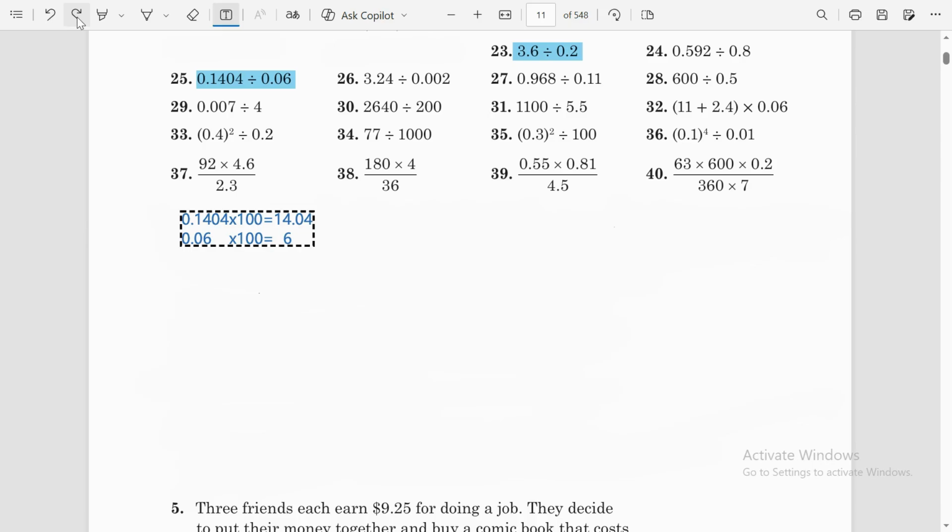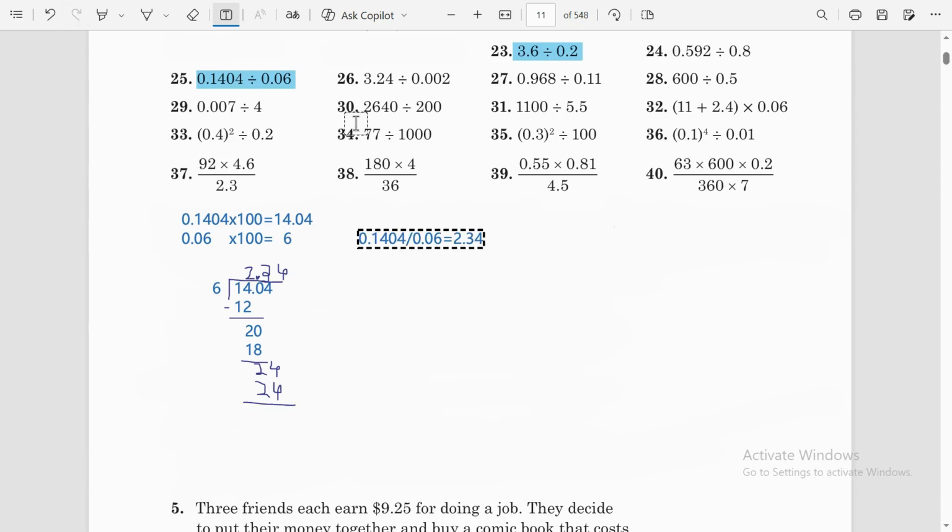And now we have to divide 14.04 by 6, and simple division, 6 twos are 12, and then comes the decimal, and we'll put the decimal in the quotient, and our answer is 2.34. So 0.1404, as you can see, divided by 0.06 is 2.34.